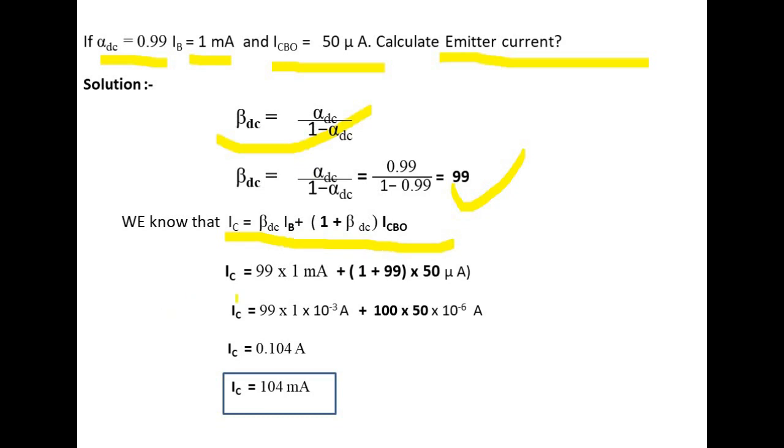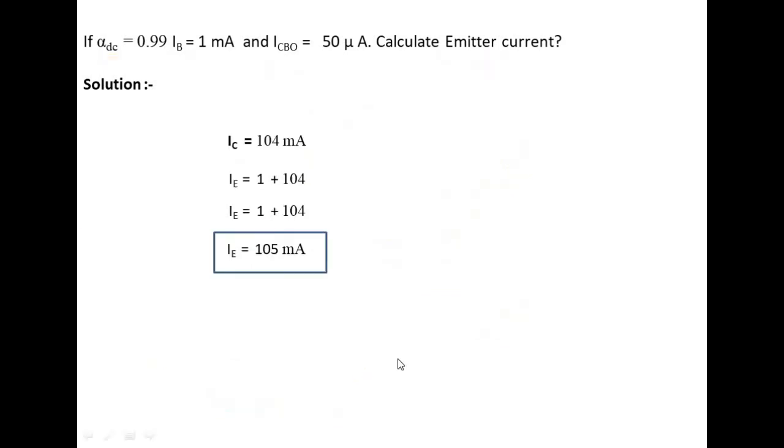So putting the values, we have got IC is equal to 99 into 1 milliampere plus 1 plus 99 into 50 microampere. That is 99 into 10 to the power minus 3 ampere plus 100 into 50 into 10 to the power minus 6 ampere. After solving, we have got IC is equal to 104 milliampere.